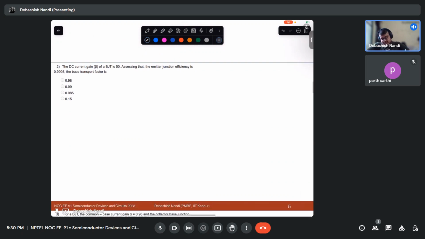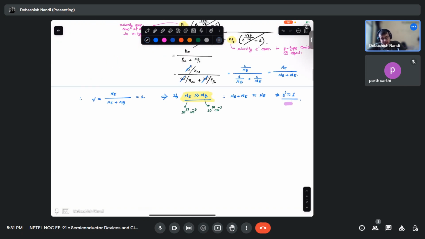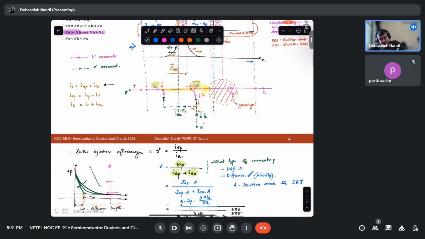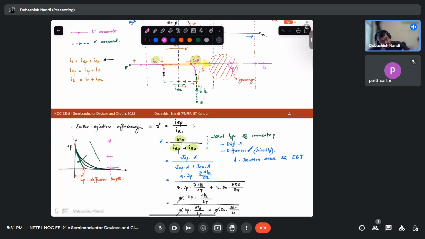It is mentioned that the DC current gain of a BJT is 50, assuming that the emitter junction efficiency is this and the base transport factor is this. At this point, let me tell you something more about this. This is called your emitter junction efficiency, and what is your base transport factor?